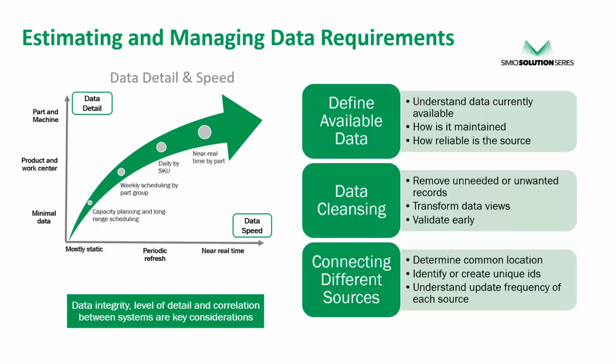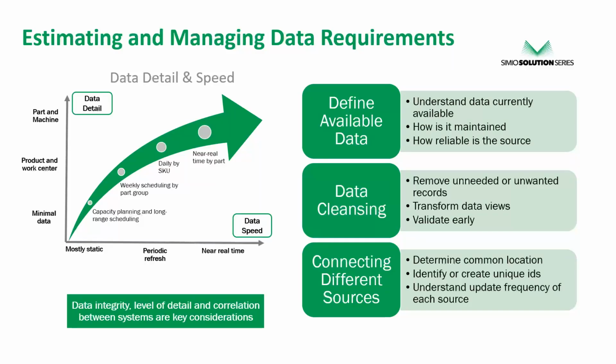And so when you talk about scoping the data that's required and estimating the effort to get that data ready for the simulation model, it's really important to consider these three pieces. And it's important to understand, given the complexity of the model that you're trying to produce, how much data is truly required to support that level of complexity.